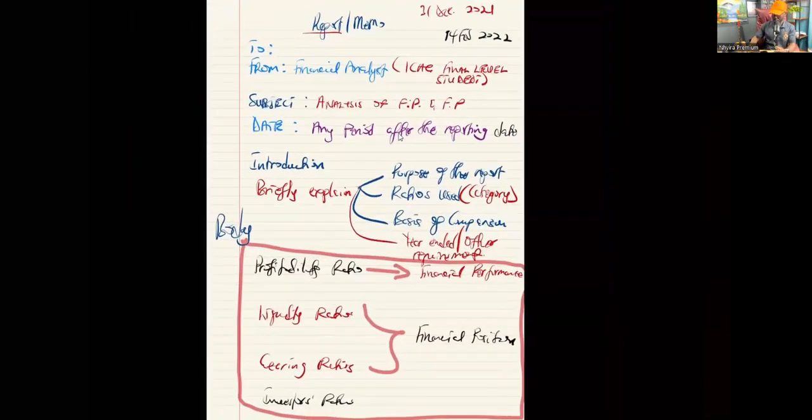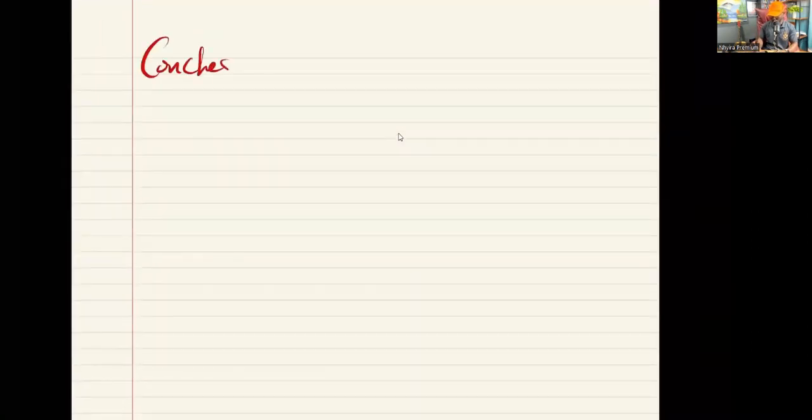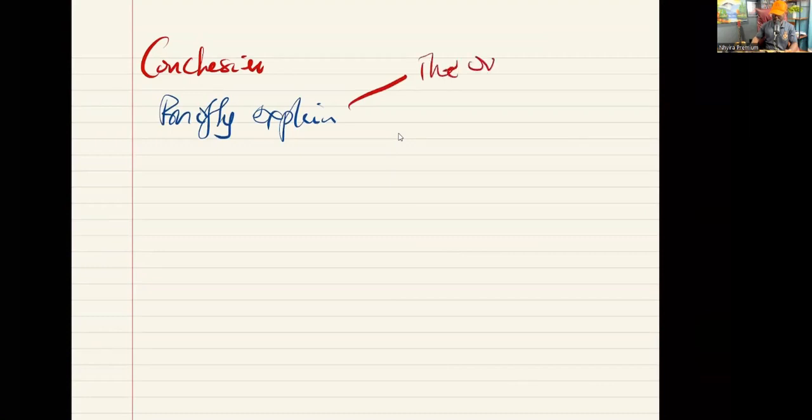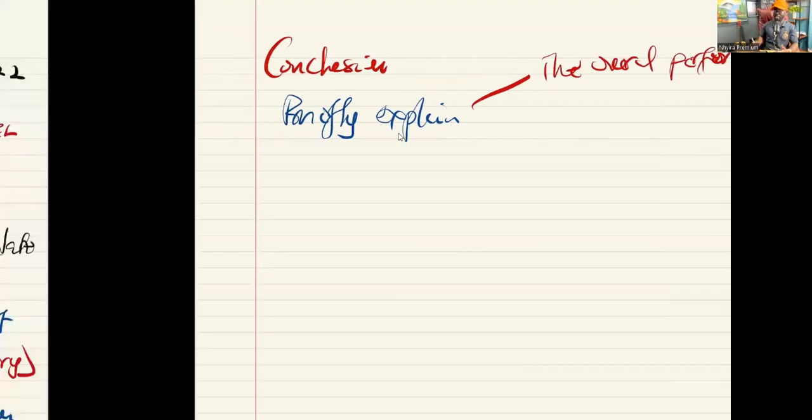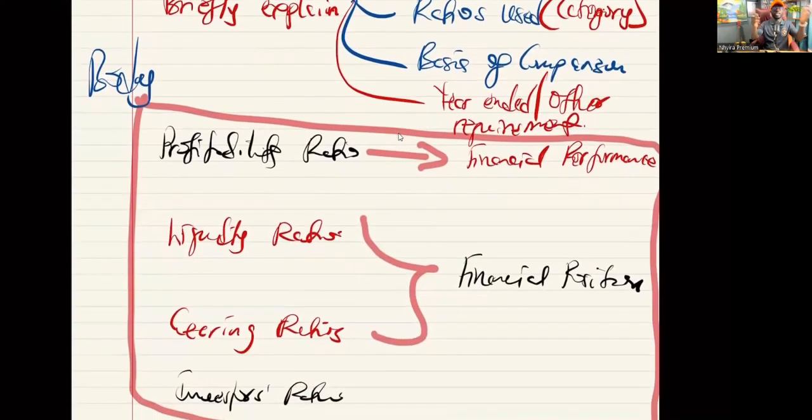Once you are through with the body, you go to the conclusion. Again, you must write it down, conclusion. So in the conclusion paragraph, you got to briefly explain the overall performance of the organization. So what is the overall performance? Based on the body, the analysis that you made, what can you say in total?